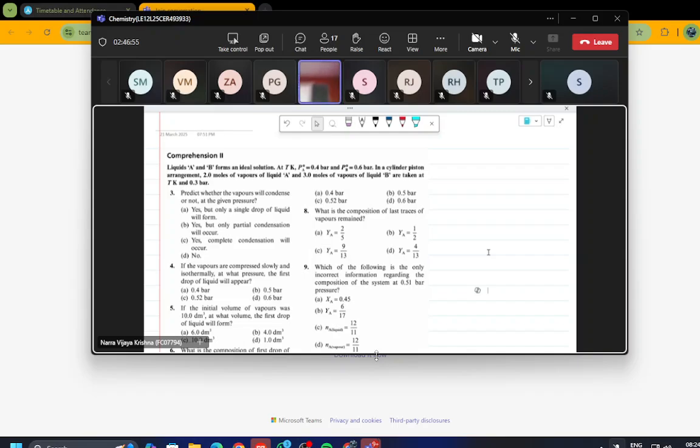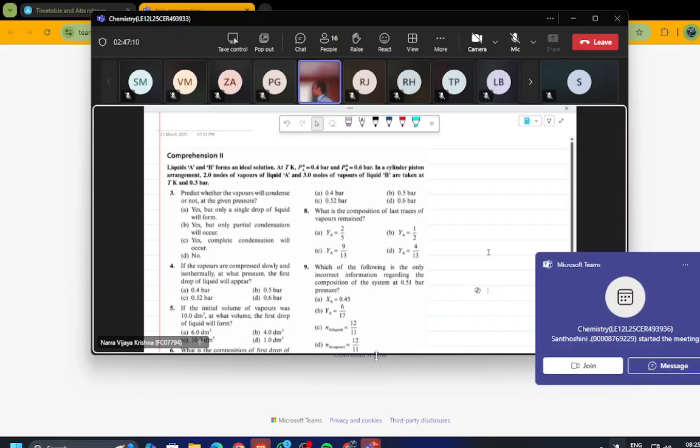So there is a gas cylinder. The gas cylinder has liquid A, vapor A, vapor B, both present inside that cylinder, which has a piston. Now what they are saying: predict whether the vapor will condense or not at the given pressure.